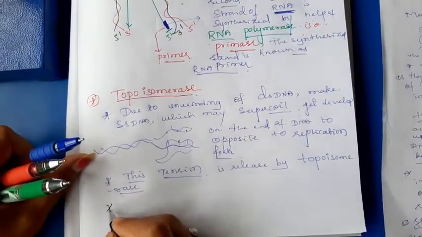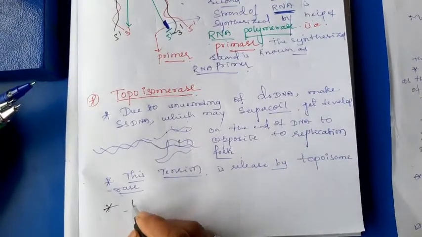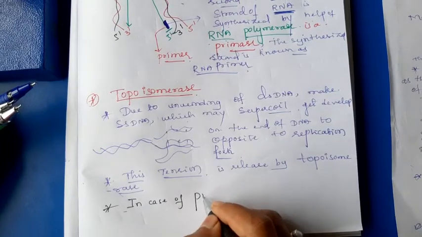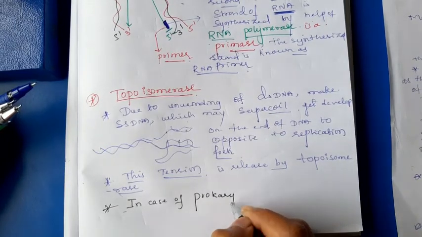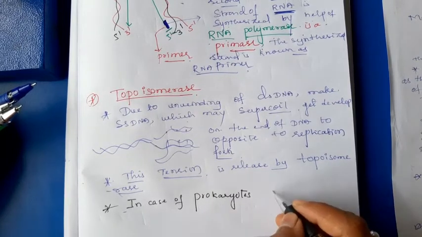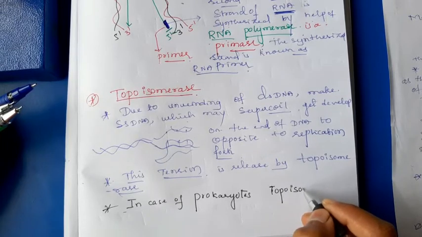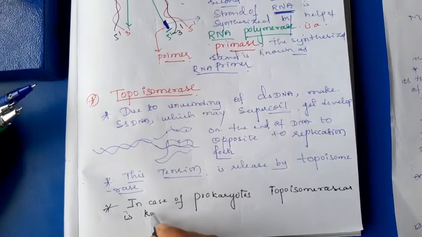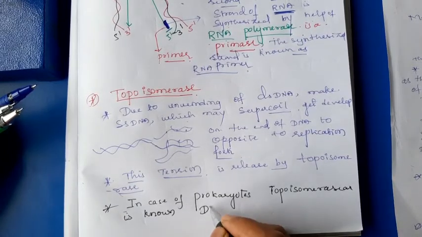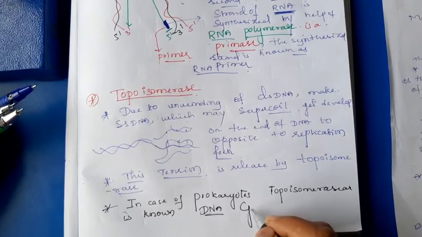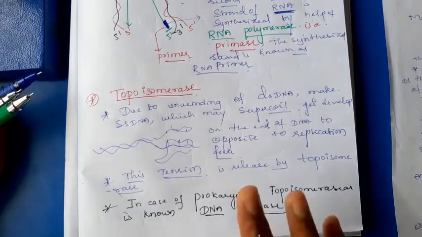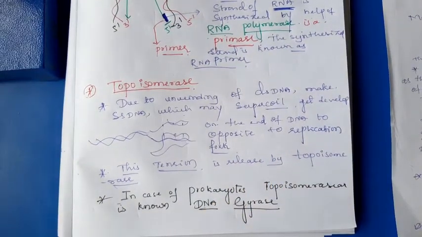In case of prokaryotes, topoisomerase is known as DNA gyrase. Remember this. DNA gyrase is a topoisomerase in case of prokaryotes.